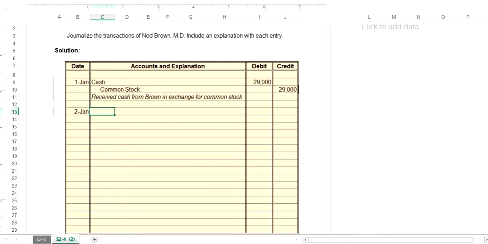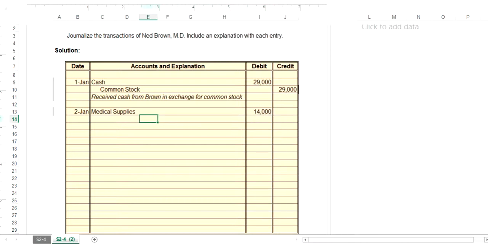We received an asset called medical supplies. Right? We're going to receive benefits from these supplies in the future. We're going to need to debit medical supplies because it's an asset account. And anytime you want to increase an asset, you have to debit the account. So the amount of medical supplies we purchased was $14,000. We didn't pay cash for them.